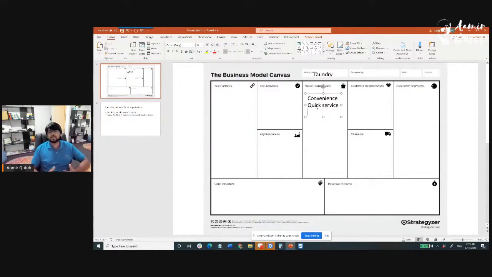But you also need to think about what is the main pain point that you are solving for them. What is the biggest challenge that you are actually solving for them? Probably the biggest challenge is that right now there is no proper way. They do not have a central place to ensure that their clothes are dry cleaned, washed, ironed and folded, and it consumes a lot of time.